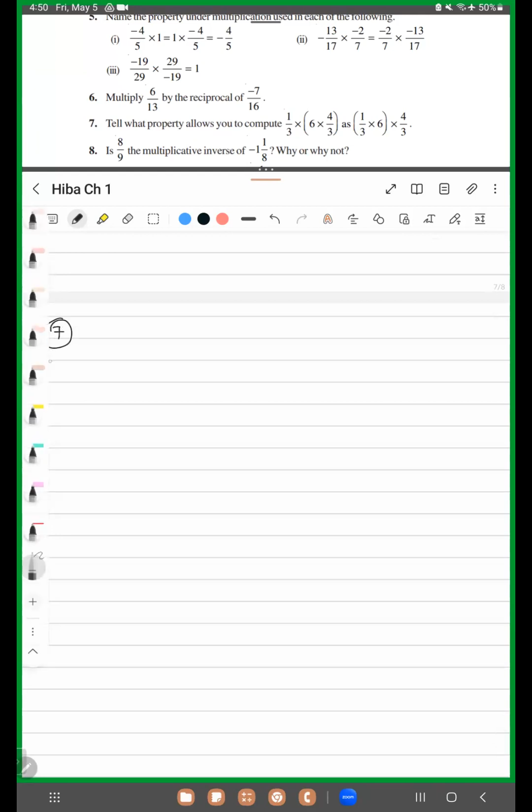Tell what property allows you to compute 1 by 3 multiplied by 6 into 4 by 3. What the question is saying is, which property allows you that if you want to find this, you can also solve 1 by 3 into 6 first and then 4 by 3 later.